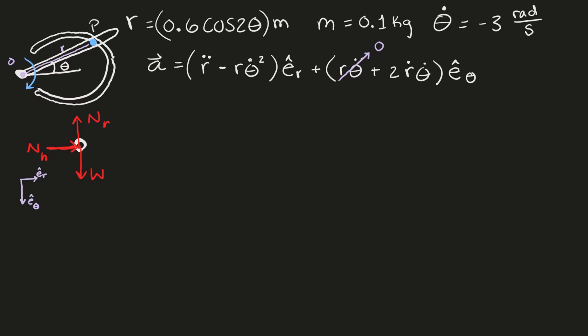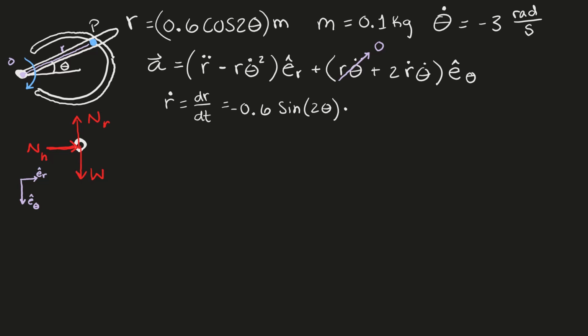So then we can just simply say r dot, and remember that r dot is a time derivative, right? So that's the same as saying dr/dt. If I take the derivative of this given function up here, what would I get? I would get 0.6 sine, keep the inside, and the derivative of cosine gives a negative, so I'll throw a negative in there.